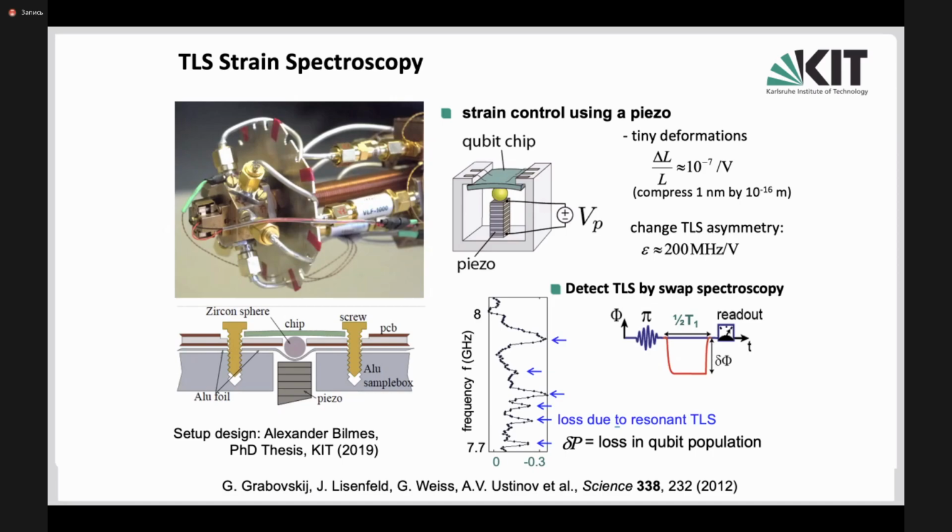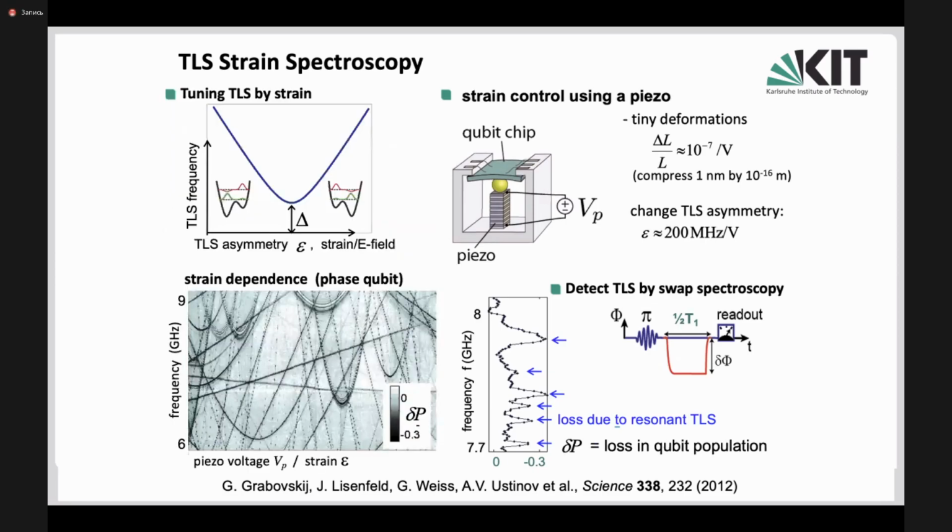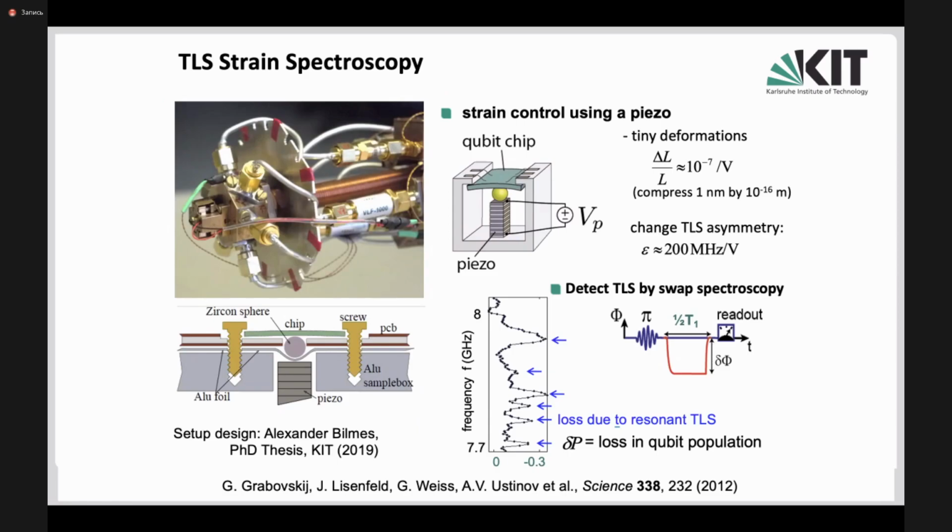So if you shift the center of the qubit chip by 1 micron, then the distance between atoms in the structure changes very little, roughly 10 to the minus 7 relative change per volt of the piezo drive applied to this qubit.